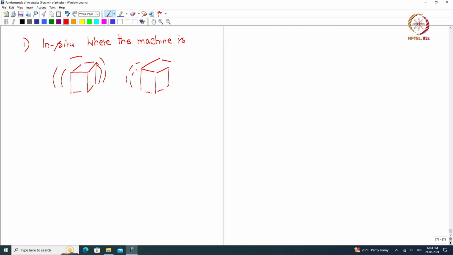Now, if we want to find the power due to this machine, then we put a standard grid around it, and say we measure using our 2 mic intensity probe.